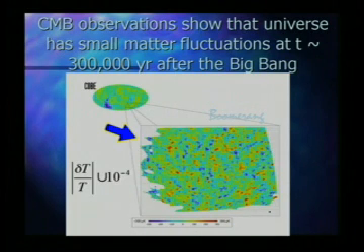And what you see here in color is the fluctuations in the temperature of this cosmic microwave background radiation. These fluctuations are 1 part in 10,000.